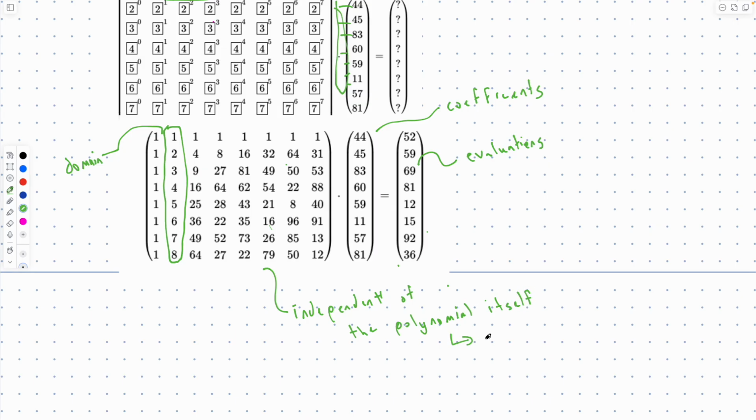So it only has to do with the domain. So if your domain's always the same, you compute this matrix once, you store it on your computer, and then that's it. Then you just grab it, and then you just have to do a matrix multiplication.